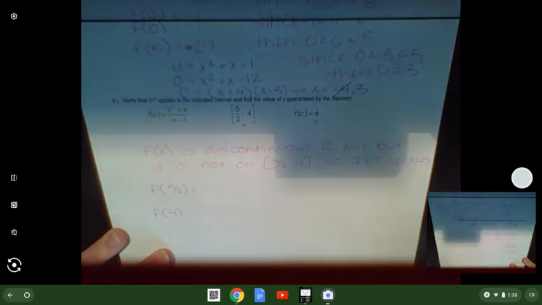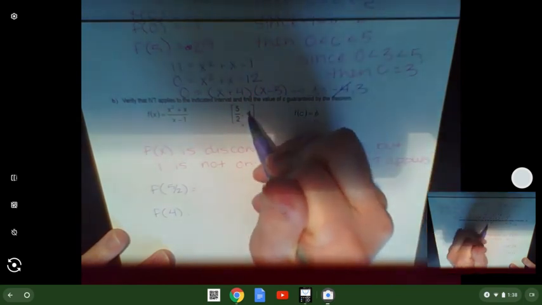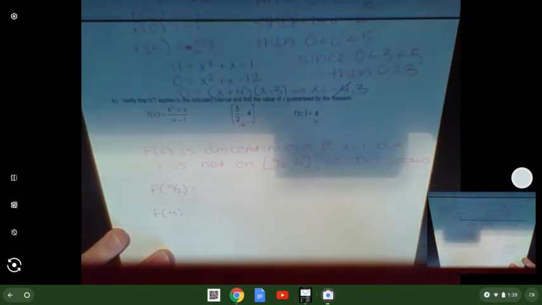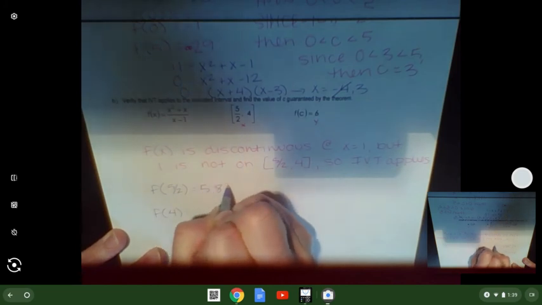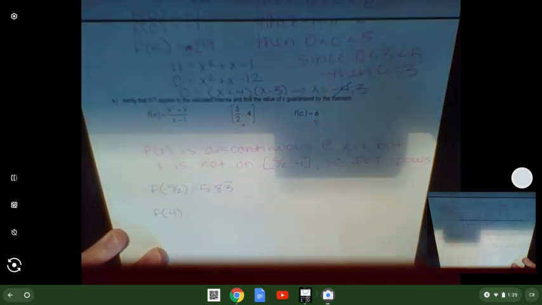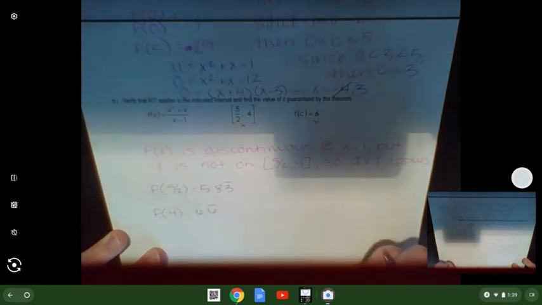And I can guarantee I hit a y value of 6 if 6 is between the y values produced by these two x values. Now, plugging in 5 halves especially, you might want a calculator. I've actually already done this, and I get 5.83 repeating. And plugging in 4, I get 6.6 repeating.